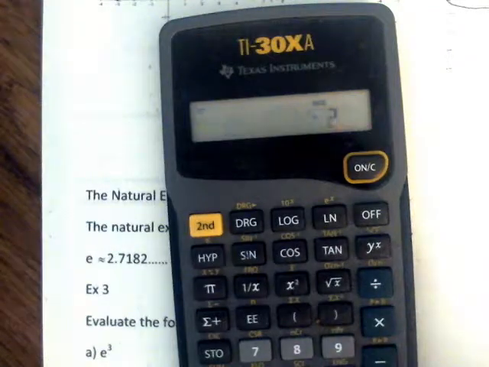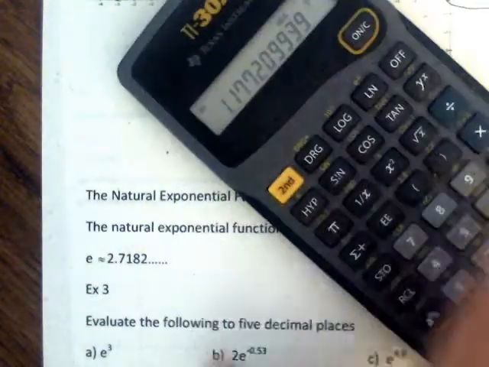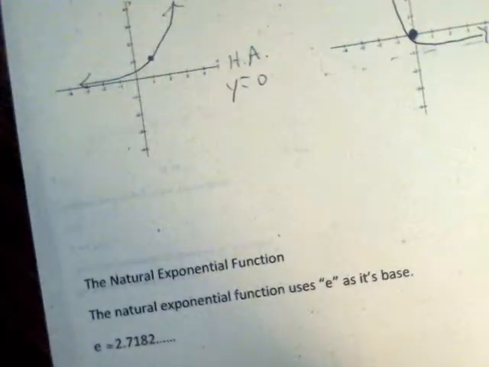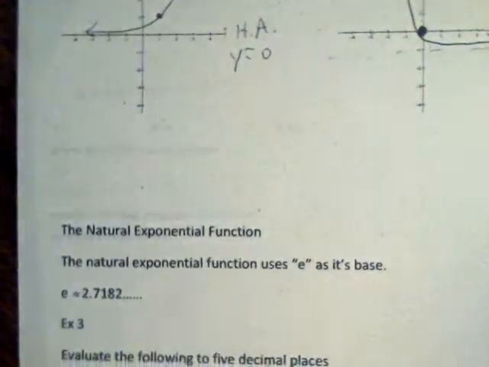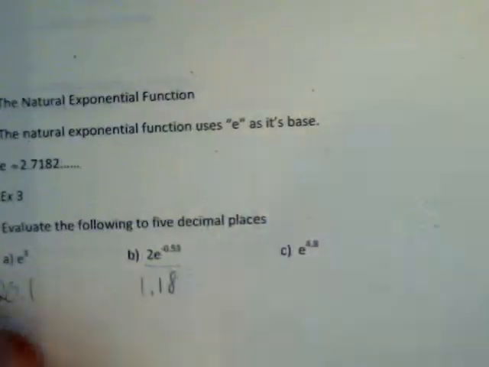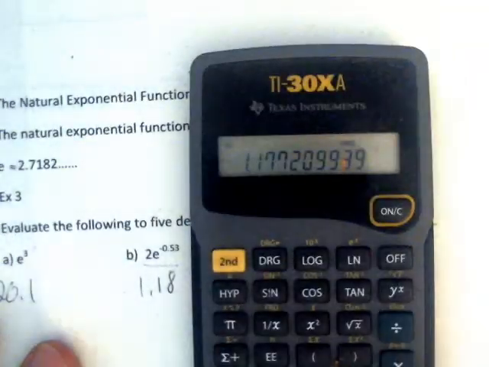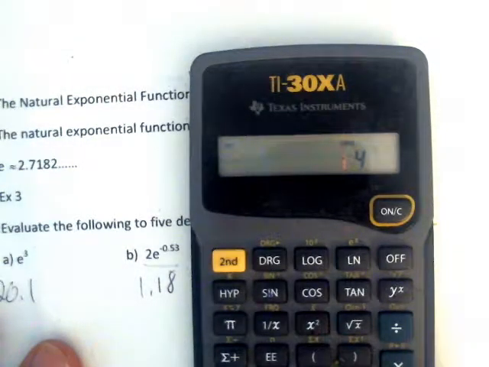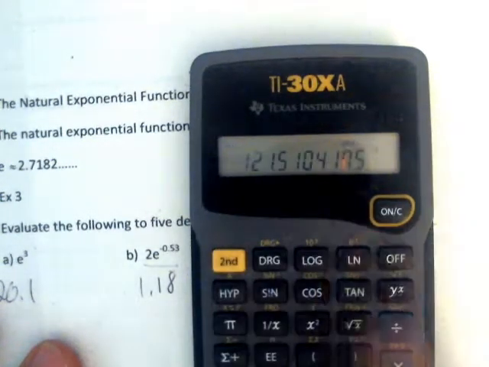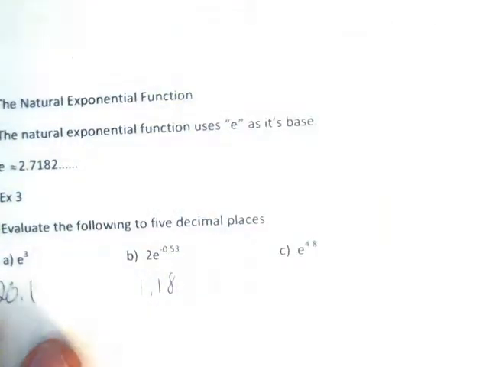So I got to do everything backwards with this one. So it's 1.18. Then e to the 4.8. Again, on this calculator I type in the exponent, second function, and I get 121.5.